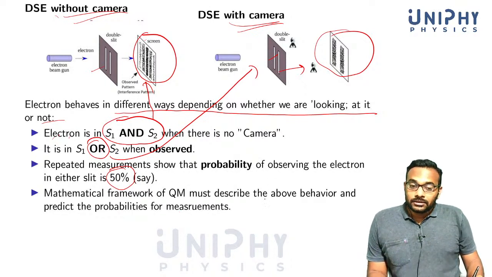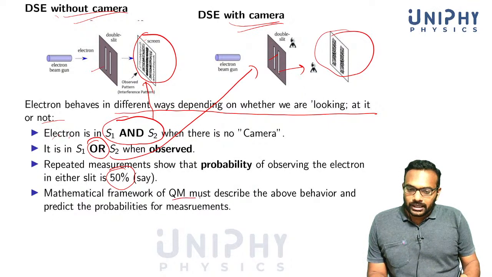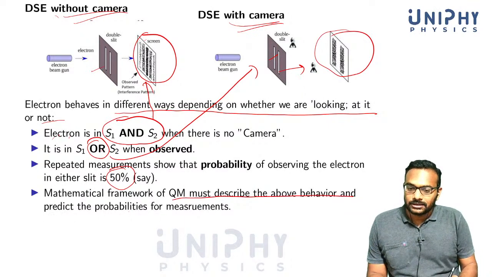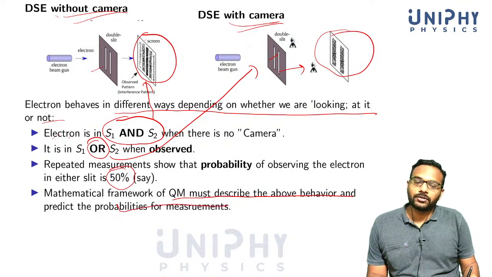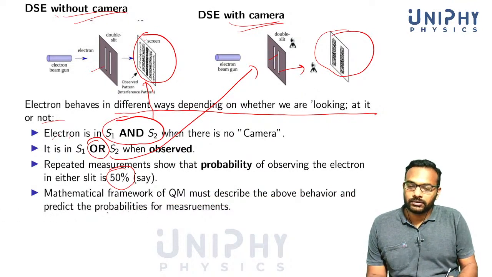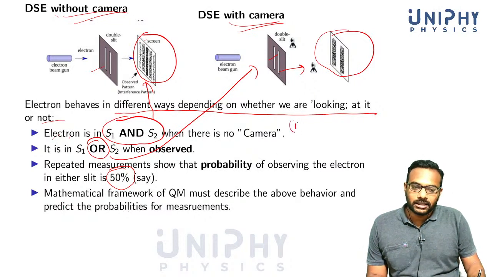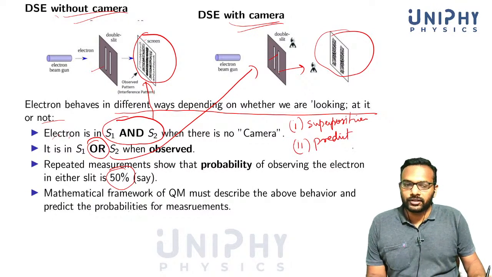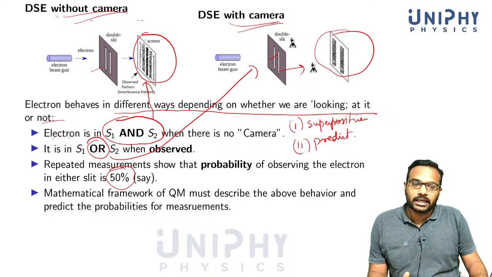So the mathematical framework of quantum mechanics must describe the above behavior and predict the probabilities for measurements. We need different things happening here. The mathematical framework needs to include superposition. It should be able to predict the probabilities. There should be something in the mathematical framework that allows us to calculate the probabilities.